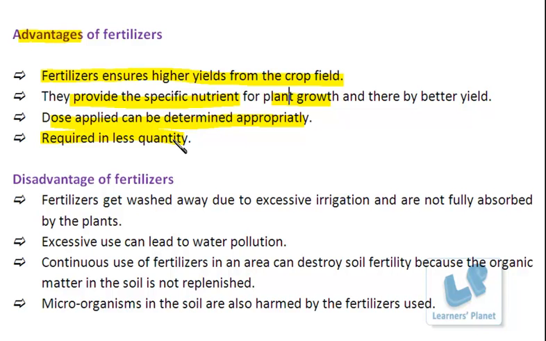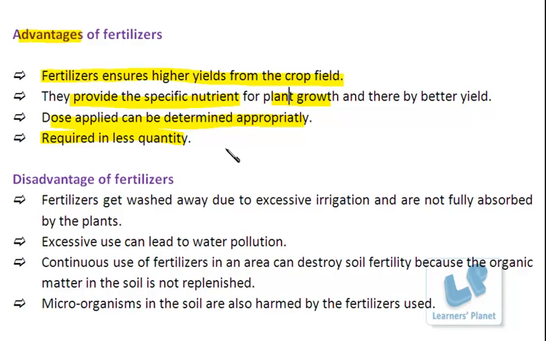And of course, if you think that adding more fertilizer will increase the productivity much more, then no, it is never so, because the requirement of the plant is of course limited. Whatever is required will be absorbed from the soil, and the rest will remain in the soil itself. So in this way, further you need to understand the disadvantages of the fertilizers.